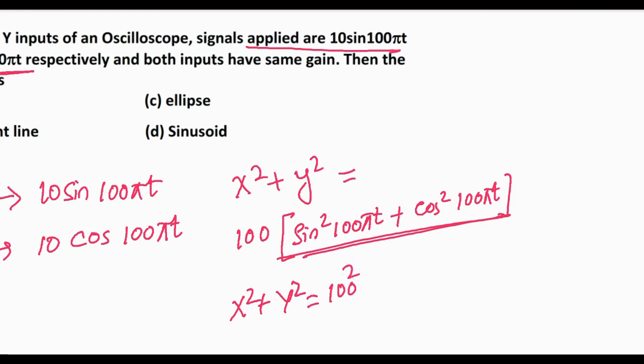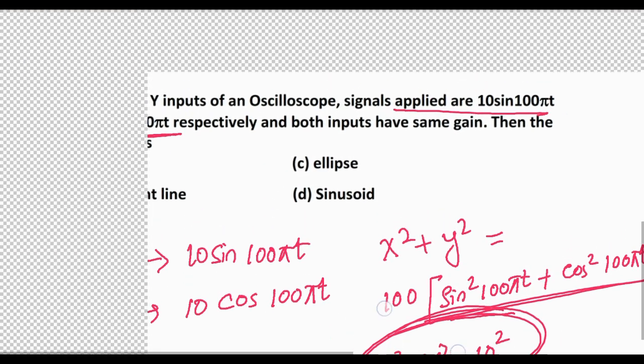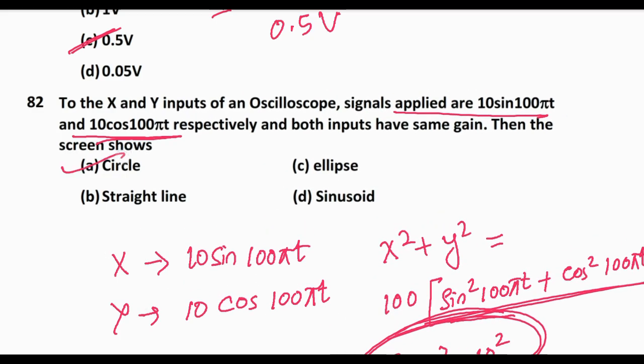So this is directly the equation of a circle, x square plus y square is equal to c square. So on the screen it will show a circle as the gains are same. If gains are not same, then it will not be a circle, it will be an egg or ellipse structure.